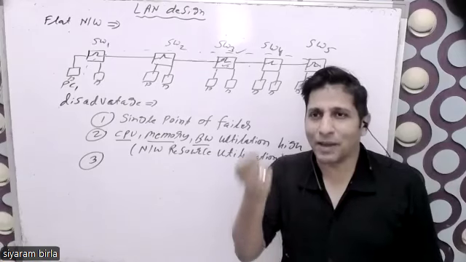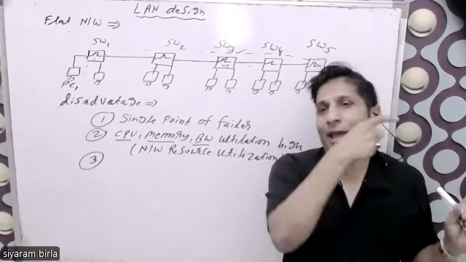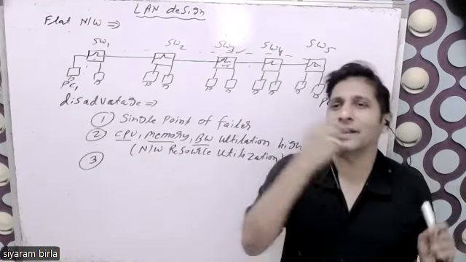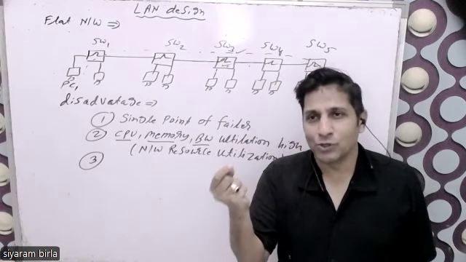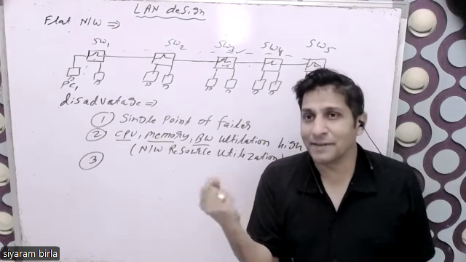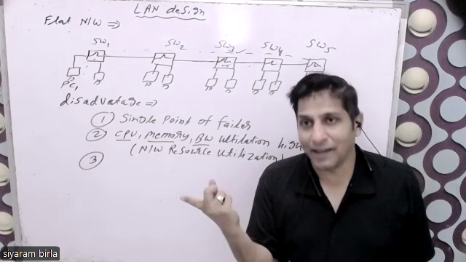Suppose a packet goes from India to the US, it will take more time, which means more latency. If a packet goes from Mumbai to Singapore, since they are nearby, it will take minimum latency. Minimum time. So that is called the latency or delay.